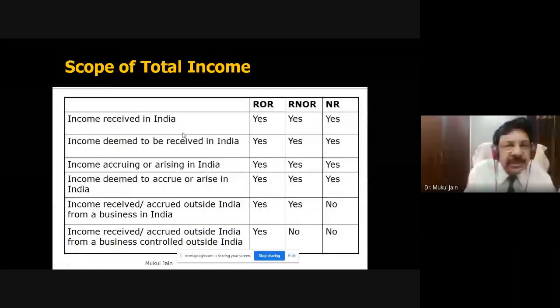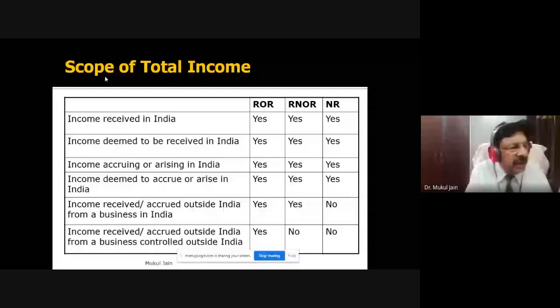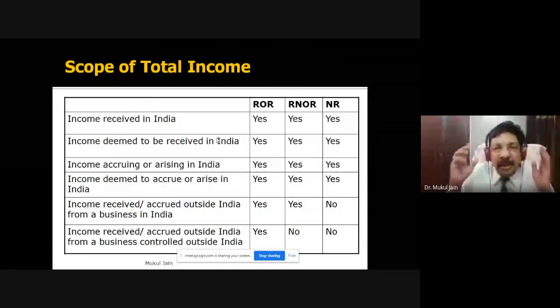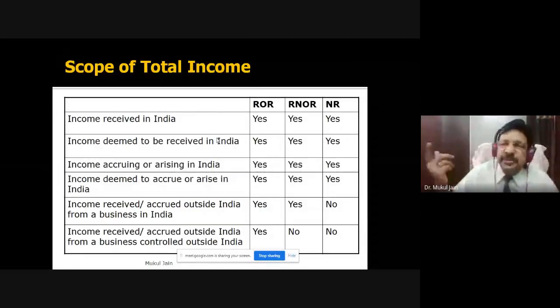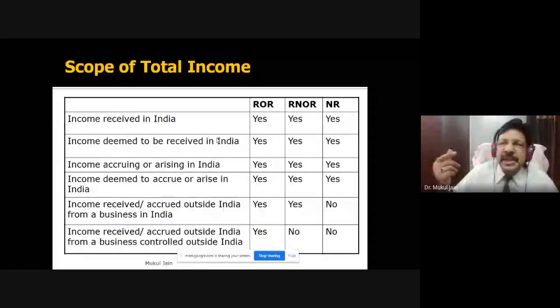If income is deemed to be received in India, deemed to be received in India means that, again taking the same example, Maruti Suzuki has given an income, but the income was sent when this person, the engineer, came to India and he went back to Japan.